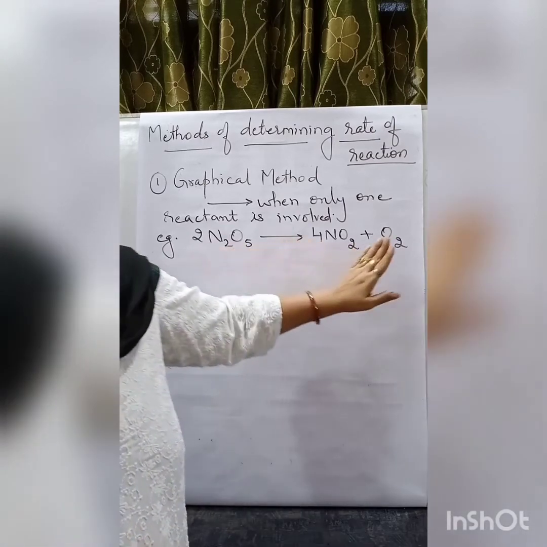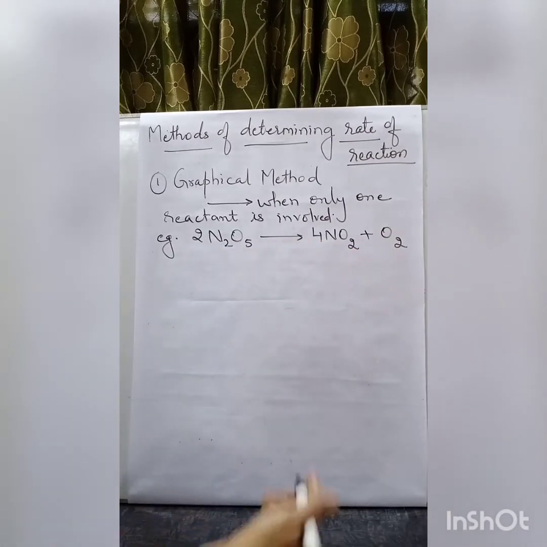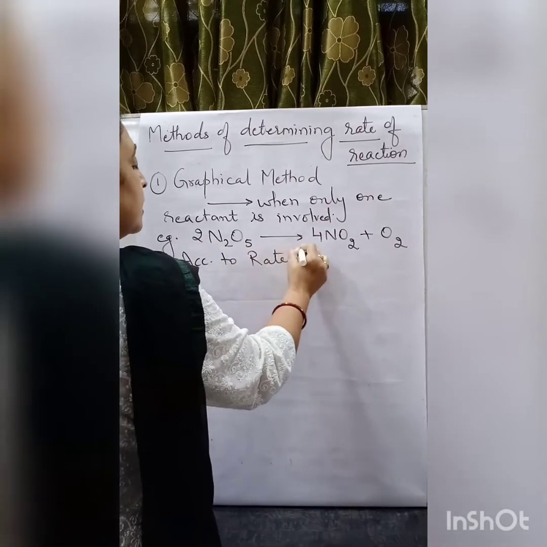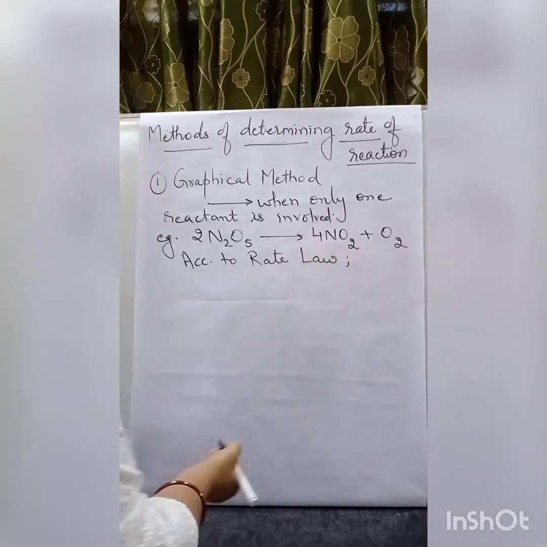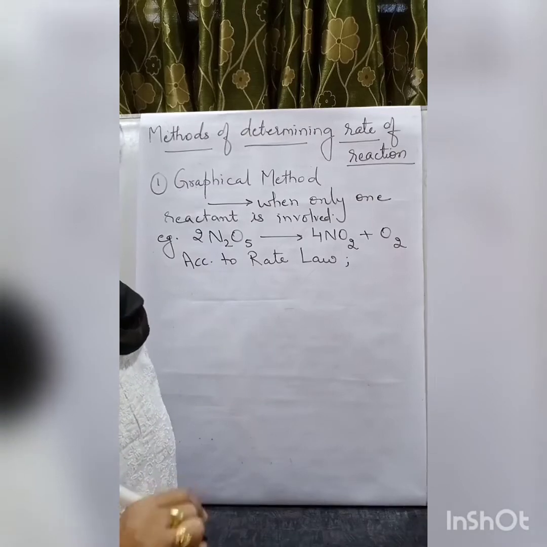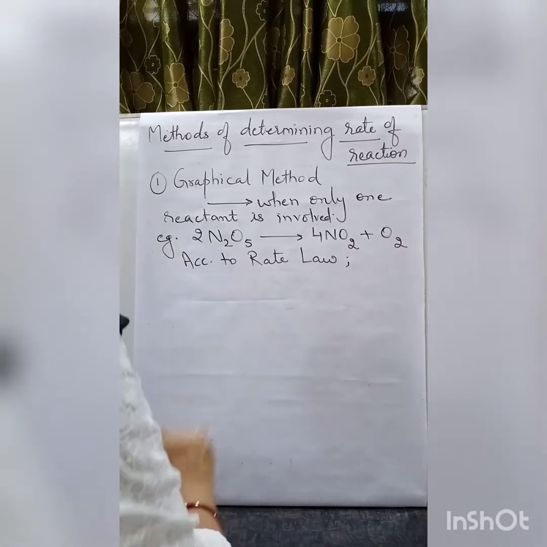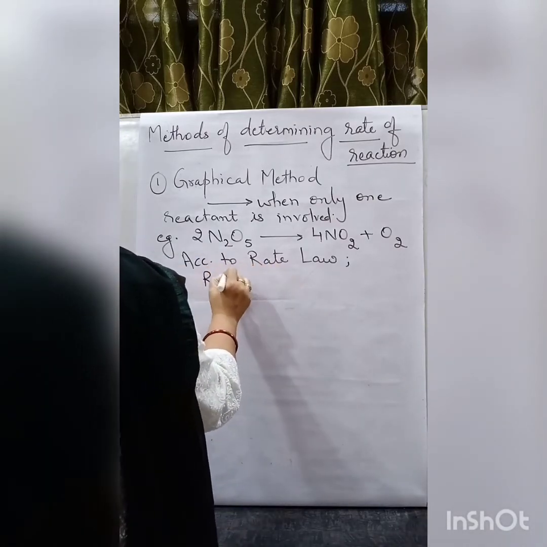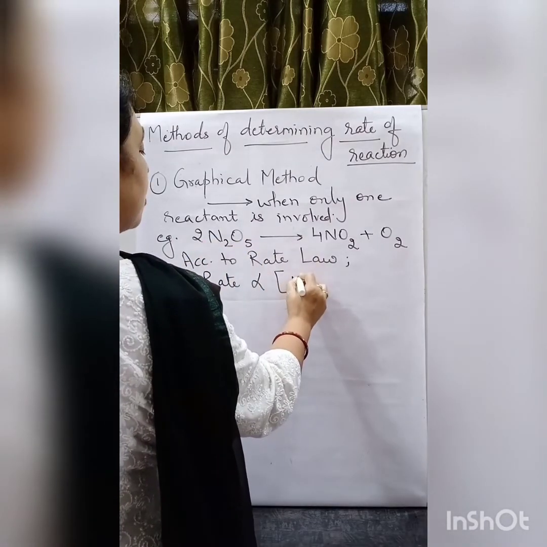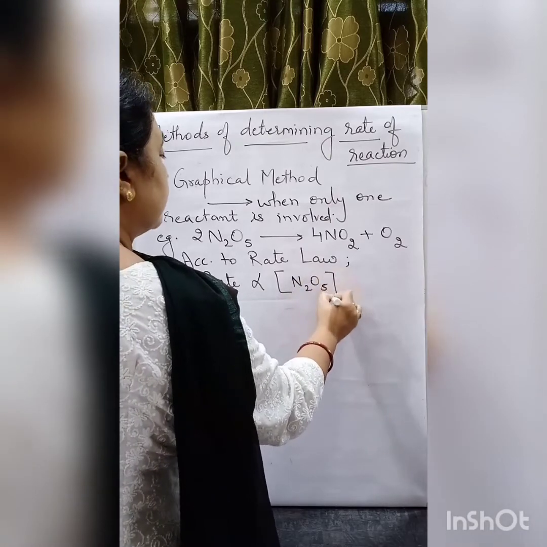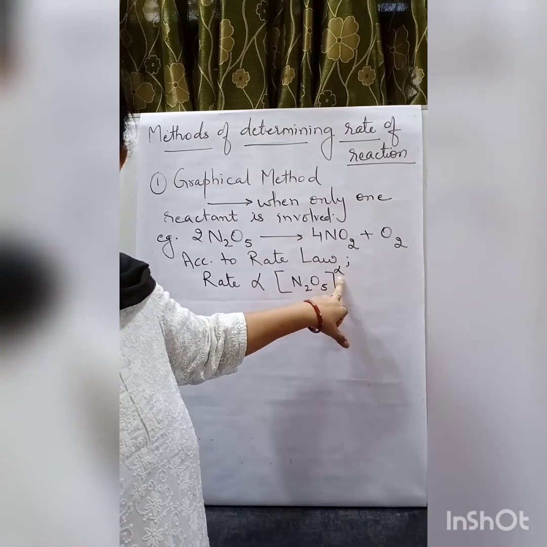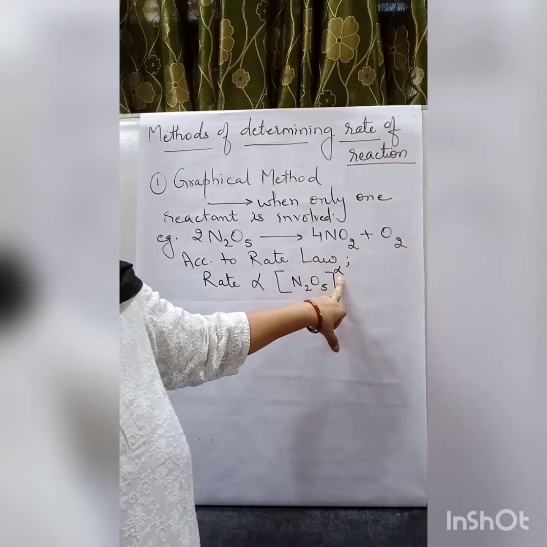Now, if we have to write down the rate law for this, according to rate law, the rate of reaction depends upon the concentration of reactant raised to the concentration term which is determined experimentally. So, we can write rate proportional to concentration of N2O5 raised to alpha, where alpha is determined experimentally.